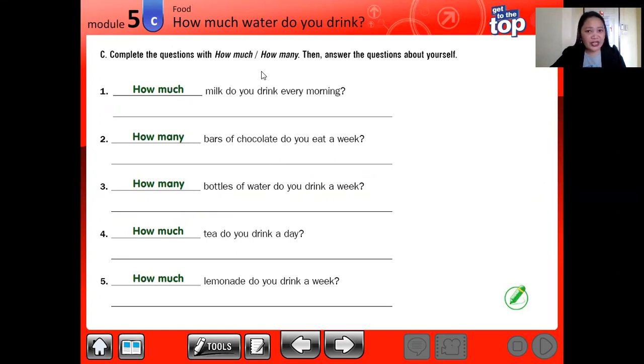Okay, continue answering your workbook, exercises C, D, and E. All right, you answer this one, start with letter C, D, and E. Page 52 to 53 of your workbook.